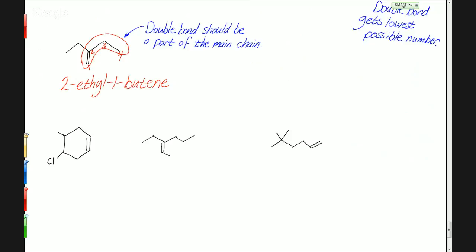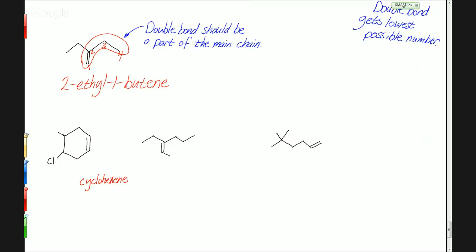All right, so for this first one I got, again, we're going to step through this carefully, but we want to find that main name first and then figure out where the substituents are. In this case, the main one is cyclohexane, but because of the double bond, it's really cyclohexene. So we can start with that. And then we need to number to figure out where the substituents are.